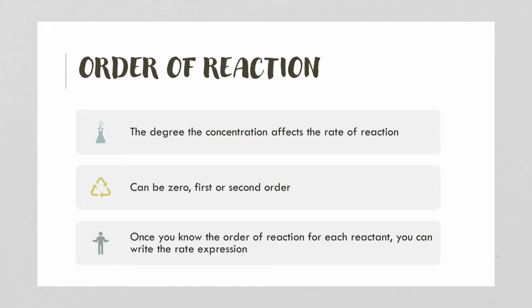So that leads us into something called the order of reaction. The order of reaction is the degree that the concentration affects the rate of reaction. And we say the order of reaction can be zero order, first order, or second order. And once you know the order of reaction for each of your reactants in the reaction, you can then write what is known as the rate expression, which we'll talk about.